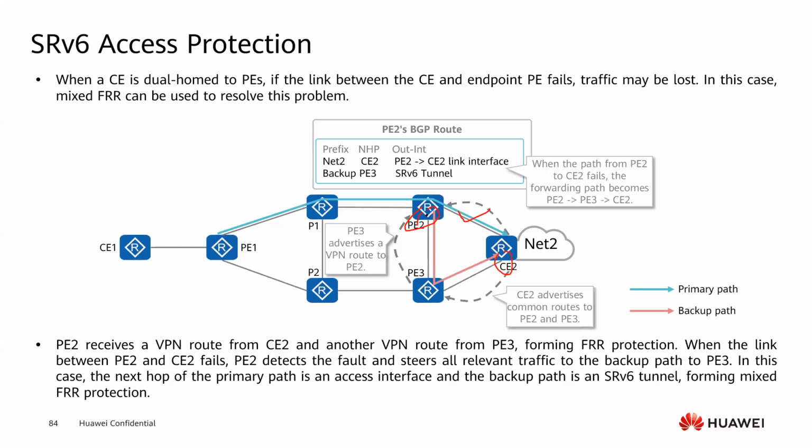And from PE2 there is another path, from PE2 to PE3, where they use an SRv6 tunnel. And from PE3 to CE2, it is a normal native IP link. So you can see the backup will be this, and the primary will be this. They are mixed. This is one way for access protection.